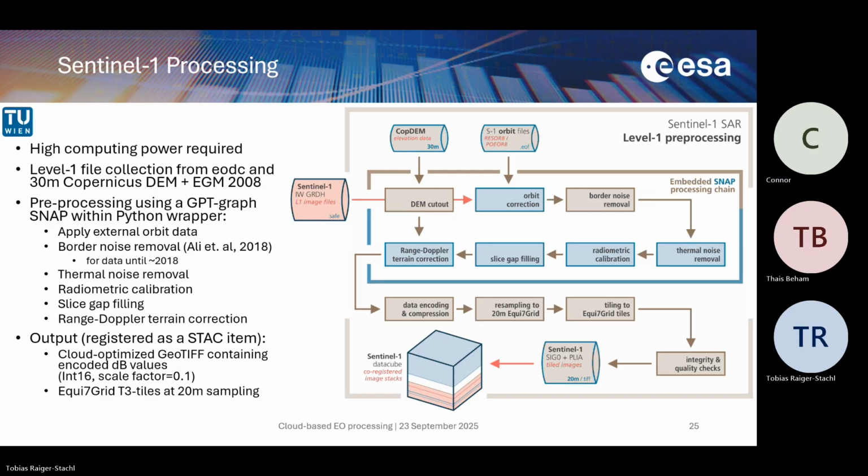Here we can say a few things. When dealing with Sentinel-1 processing, especially pre-processing, which is an important step before making Sentinel-1 images analysis ready, we need quite some high computing power to run the operations needed to make Sentinel-1 images usable, to bring them from level 1 to level 2.